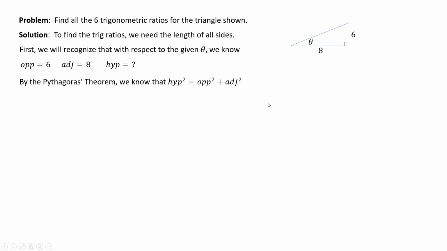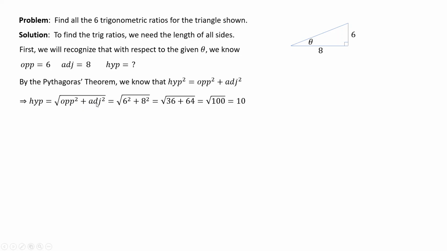So hypotenuse square equals opposite square plus adjacent square. That means hypotenuse is square root of opposite square plus adjacent square. Is that right? Strictly speaking, in this case, we should say plus or minus the square root.